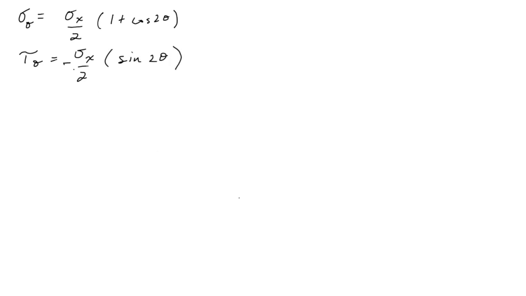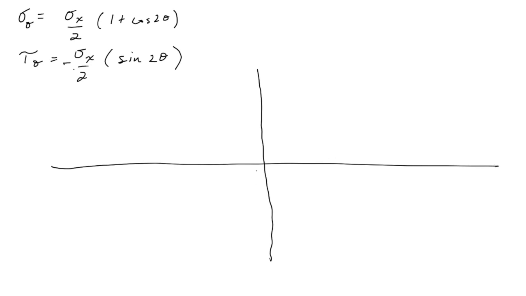Let's plot these so that we can take a look at how normal and shear stress interact and how they depend on a given angle theta. And since these are just sines and cosines, it's very easy to plot these guys.